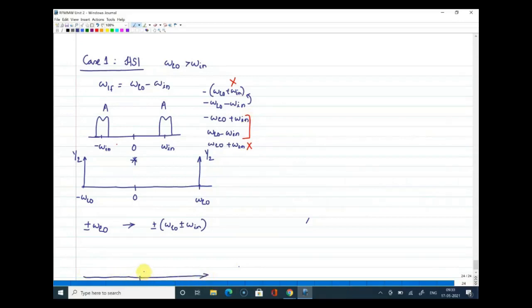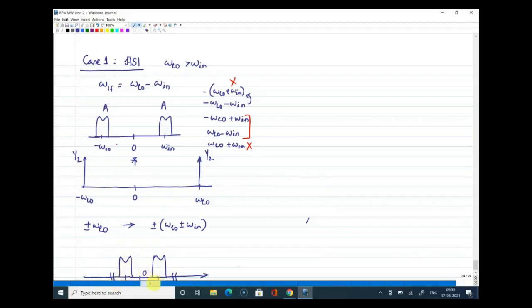This is 0, and now this is translated to a lower frequency near the origin, and so I have a component here and another component here.